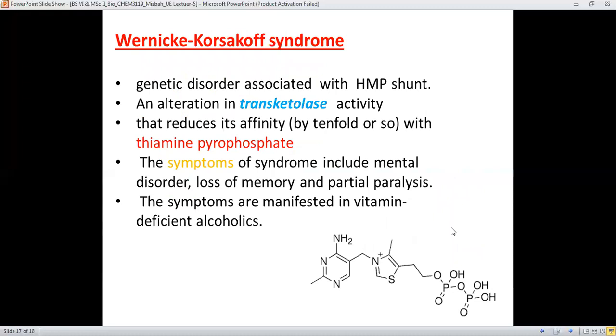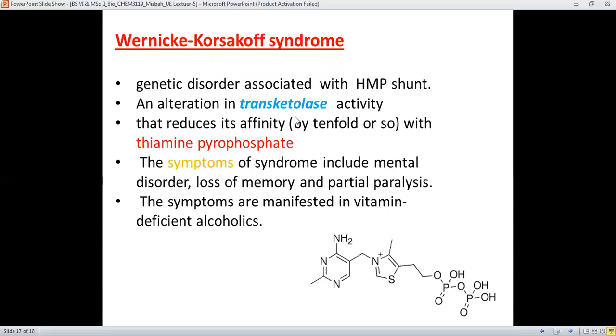There is a well-known disease or syndrome caused by a disorder associated with the hexose monophosphate shunt. This syndrome is Wernicke-Korsakoff syndrome, which is in fact genetic and results in the alteration of transketolase. Transketolase is a very important enzyme.